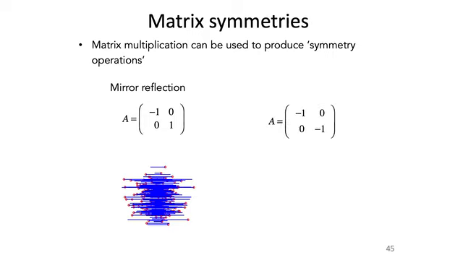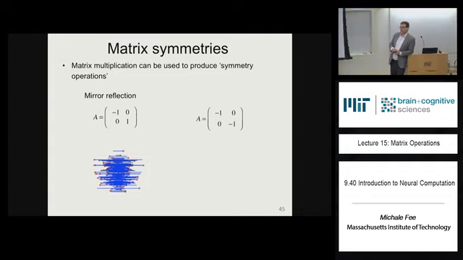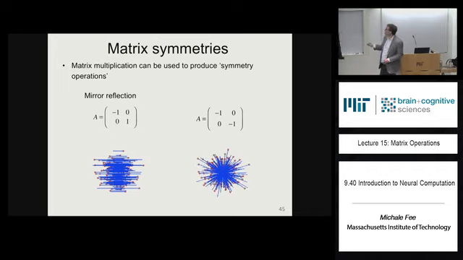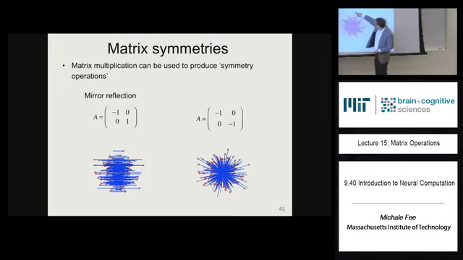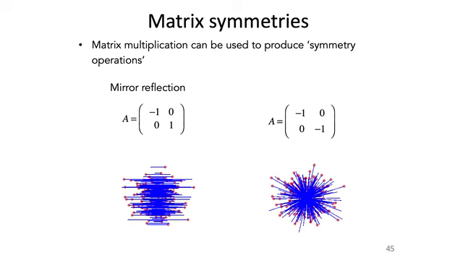Okay, what is this? What is that going to do? Habiba? Right, it's going to reflect it through the origin, like this. So every point that's on one side of the origin is going to reflect through to the other side. Okay, that's pretty neat. Inversion.